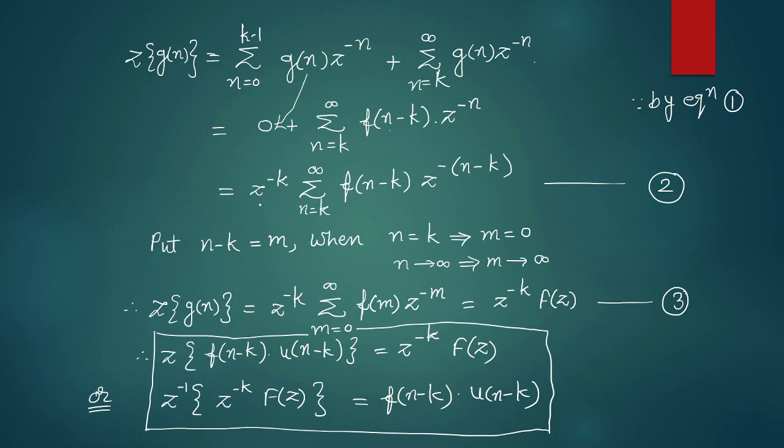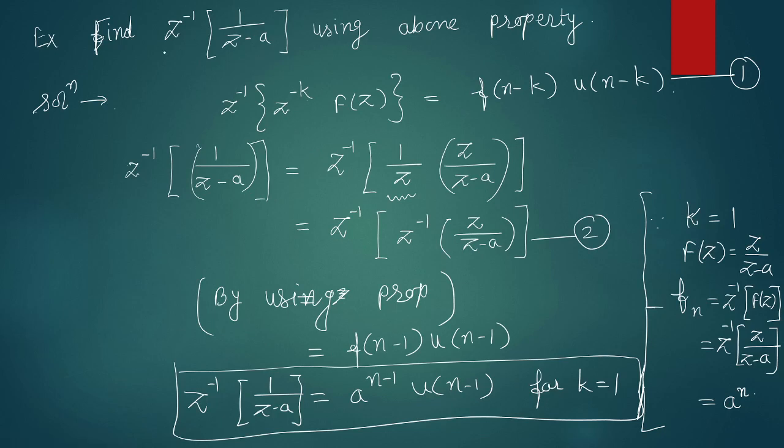Then here we adjust the z to the power minus k term, and substitute n minus k equal to m, where when n equal to k, the value of m is 0. As n tends to infinity, m tends to infinity. We substitute these values, then we get summation m equal to 0 to infinity f of m z to the power minus m. Here z to the power minus k as it is, and this value equals capital F of z. And we got this result in terms of z inverse. We write this down.